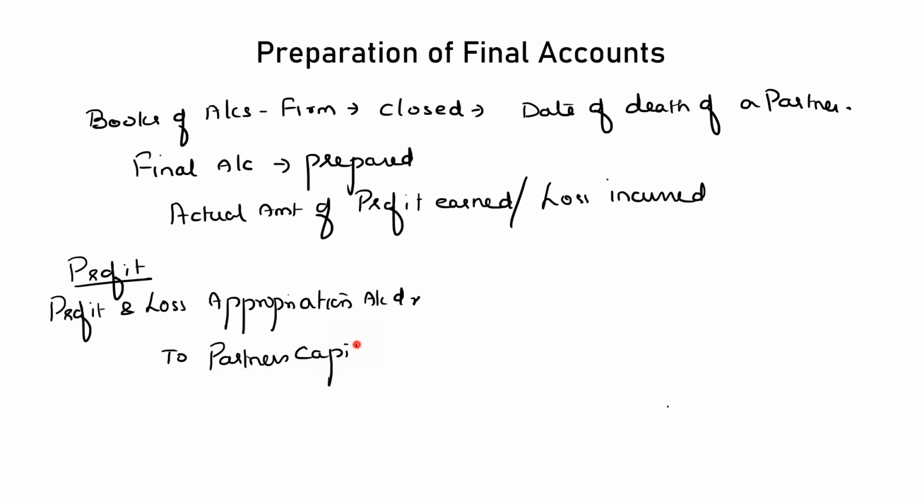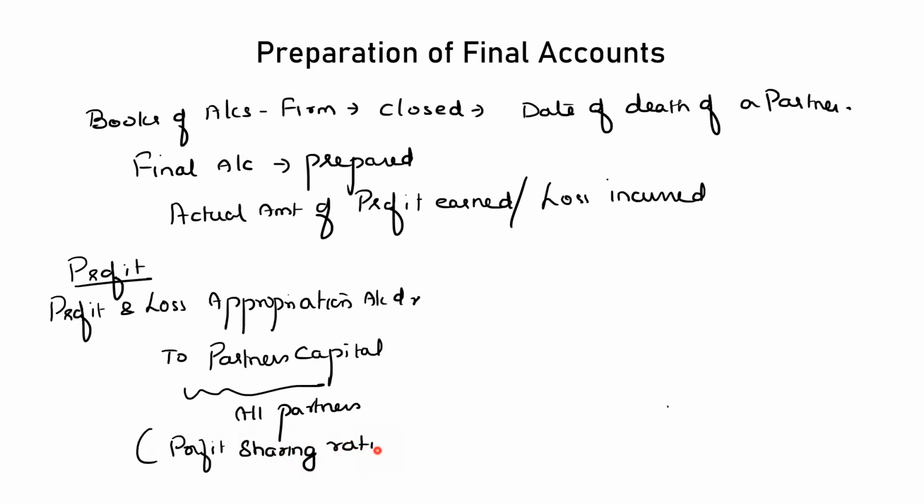Here we distribute amongst all partners individually. Suppose there are 3 partners, Ajay, Vijay, Sanjay. Then you credit individually Ajay's capital, Vijay's capital, and Sanjay's capital in their profit sharing ratio.